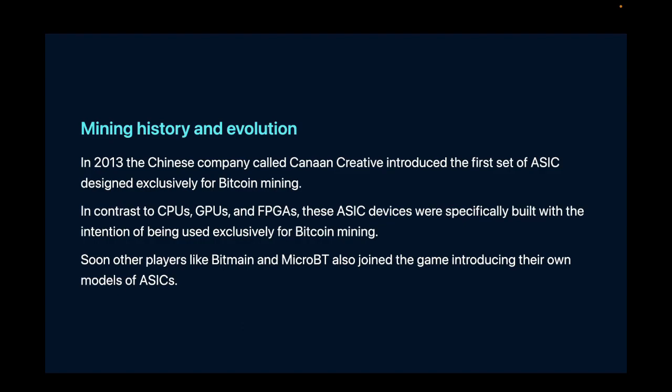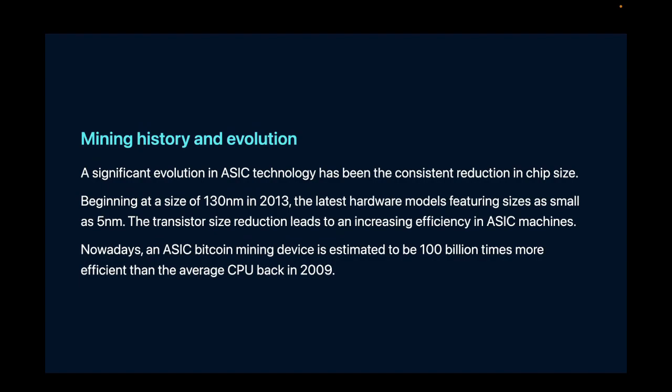So those chips couldn't be used for anything else. They were only created for Bitcoin mining. And soon, other players like Bitmain and MicroBT also joined the game, introducing their own models of ASICs.